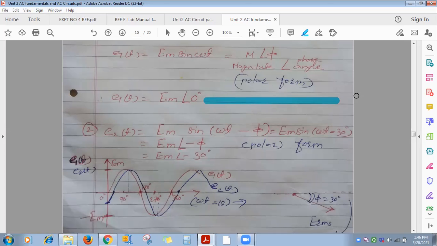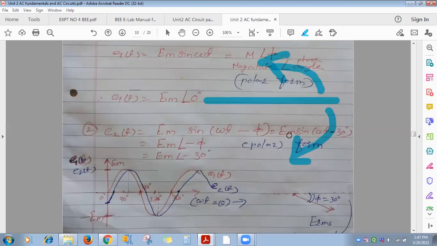Anti-clockwise. Correct. A positive angle, positive 30 degree, you measure anti-clockwise. Minus 30 degree, if you want to plot it, you measure in the opposite, clockwise direction.